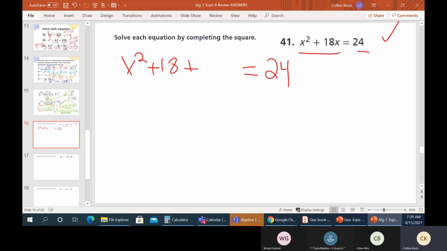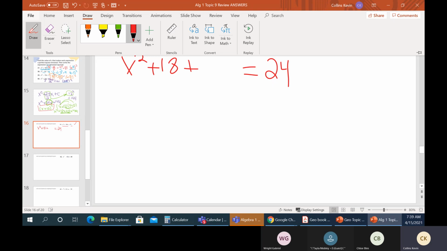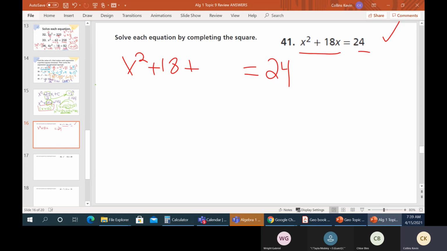So again, the way we come up with that number, little side calculation, I forgot the x here, hang on. Yeah, there's an x right there.